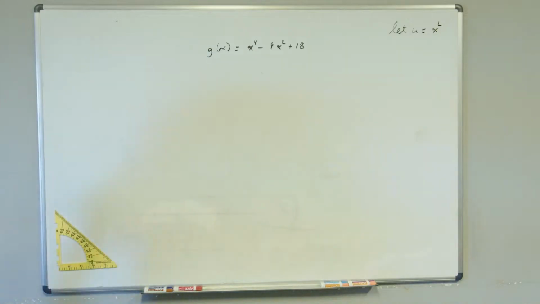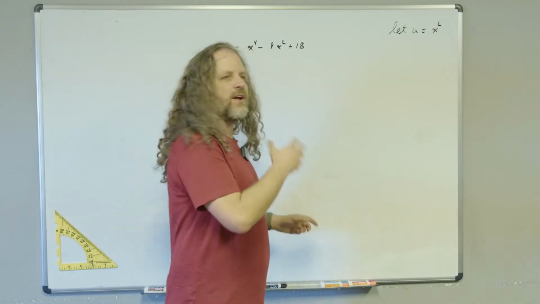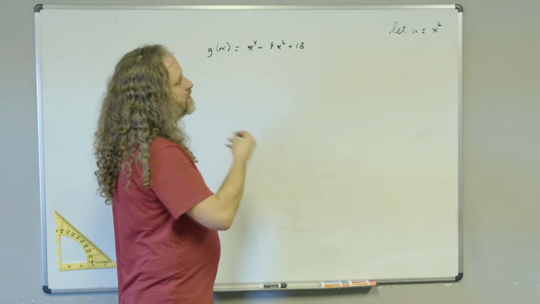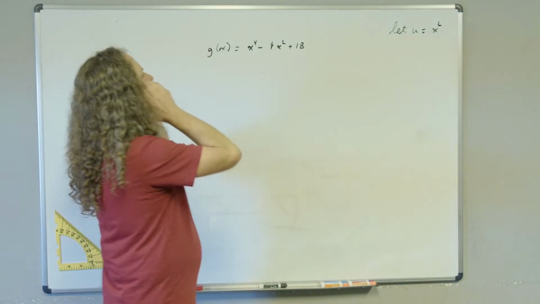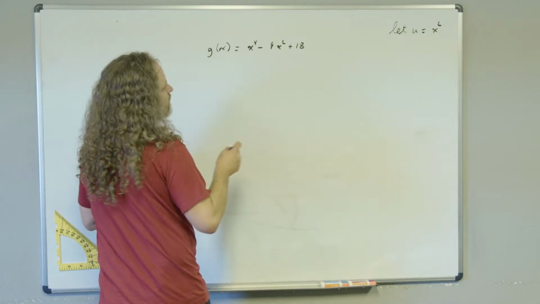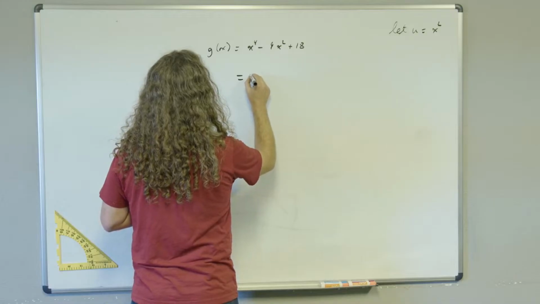U is a variable that we're adding. What U substitution does is let us take something complicated and make it a little bit simpler so that we can deal with it, and then we substitute whatever we had back in there. So what is this going to turn into? U squared minus 9U plus 18.